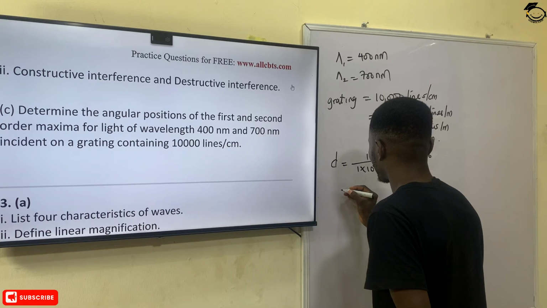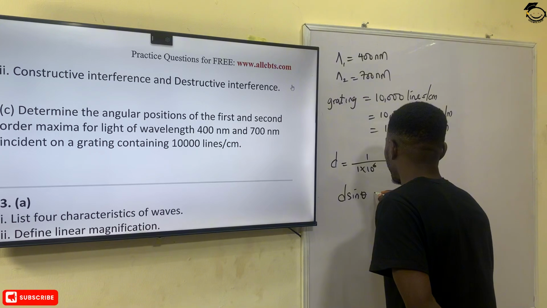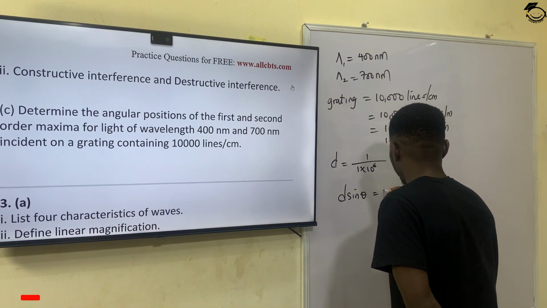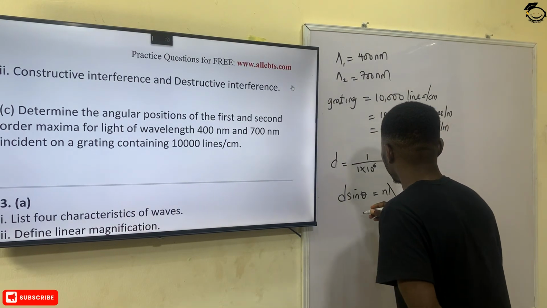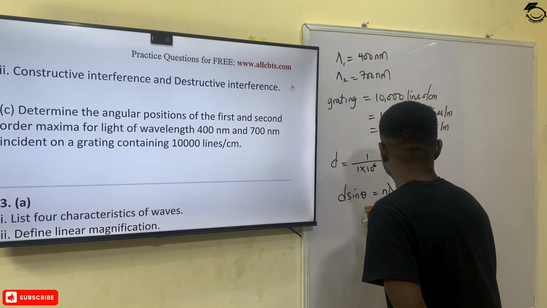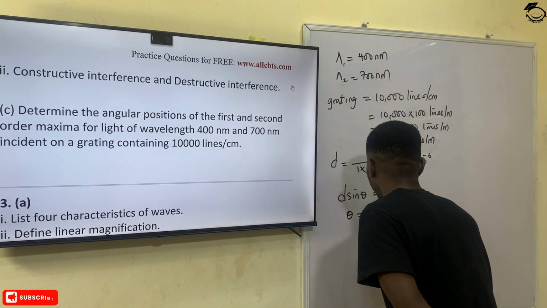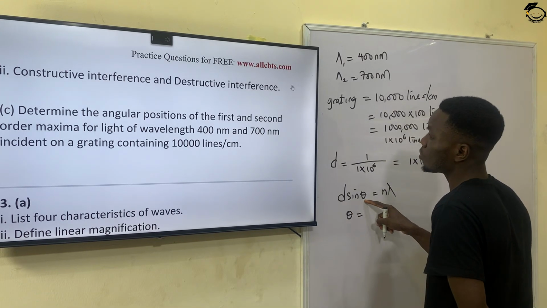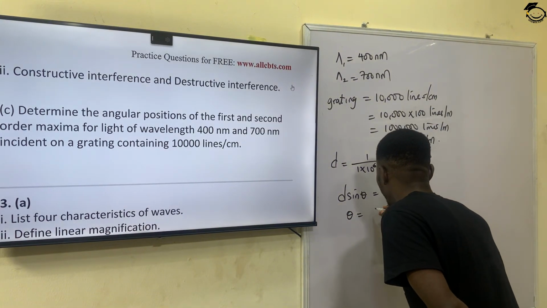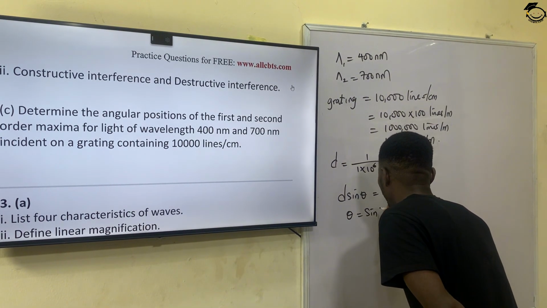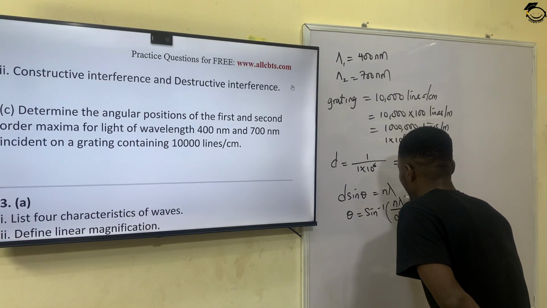But we know that our formula is d sine theta is equal to n lambda. This is the same thing as saying that my angle, the angular position, is equal to sine inverse of n lambda over d.